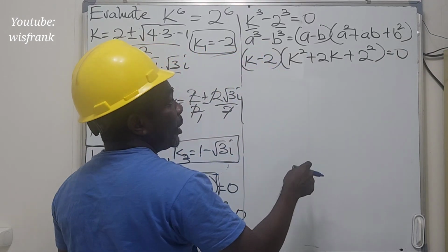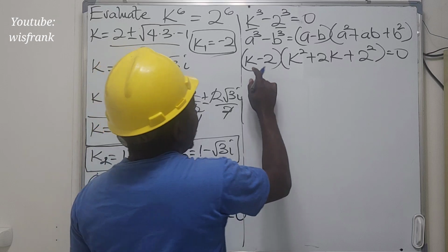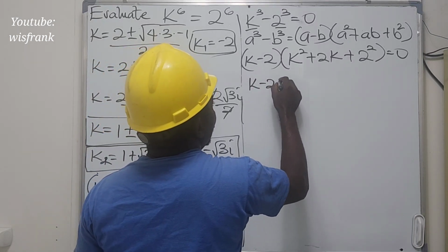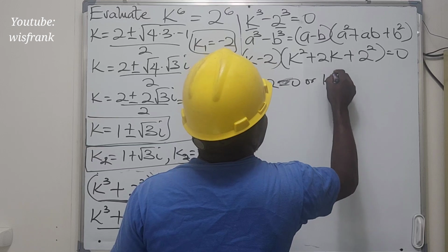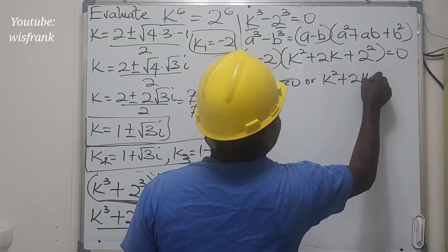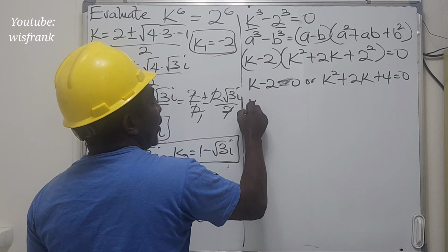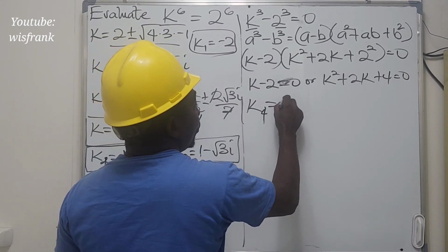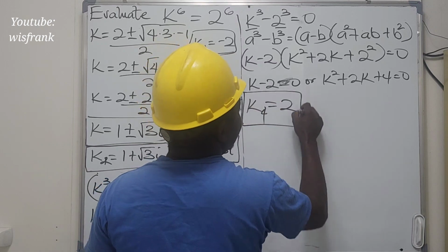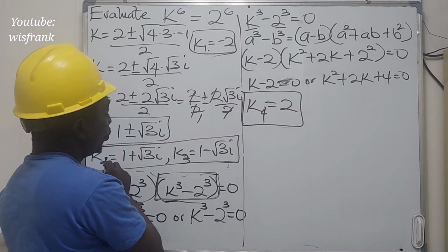So we have two parentheses. Either the first one equals 0 or the second one equals 0. Therefore, we have the first one, k minus 2 equals 0, or we have k to the power of 2 plus 2k plus 4 equals 0. Taking this one first, our value of k, which is k4, equals 2. So this is the value of k4 that we have, because we have 1, 2, and 3.